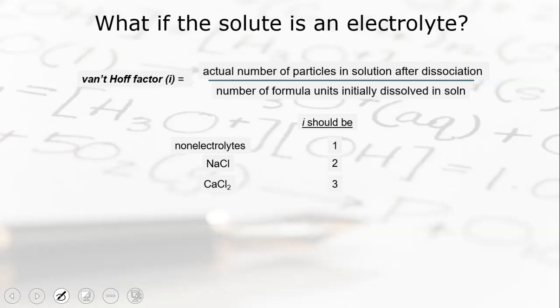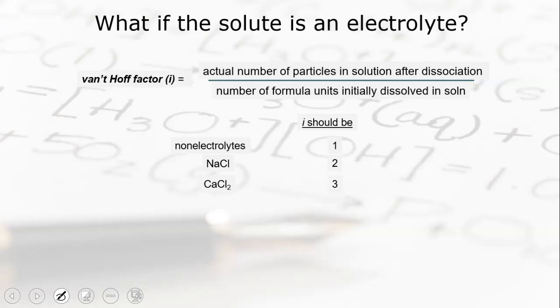We've pretty much assumed that 1 NaCl unit dissociates into 2 sets of ions, right? But in reality, what you get over the whole sample of solution may be a factor of about 1.9 or something like that, because these are not ideal solutions.